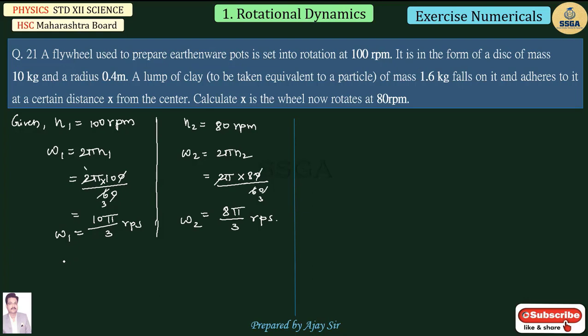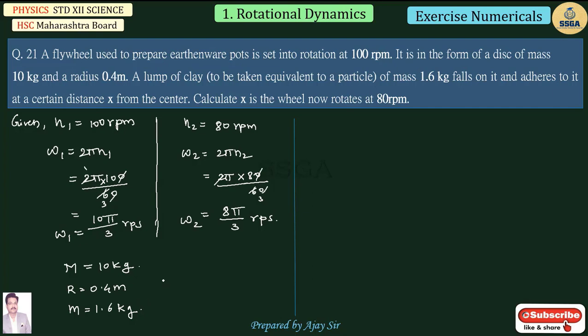So the mass of that disc, that is capital M, is equal to 10 kg, that is given. The radius of that disc is 0.4 meter, and next a clump of clay, to be taken equivalent to a particle of mass 1.6 kg, falls. Small m is equal to 1.6 kg, which falls on that disc.